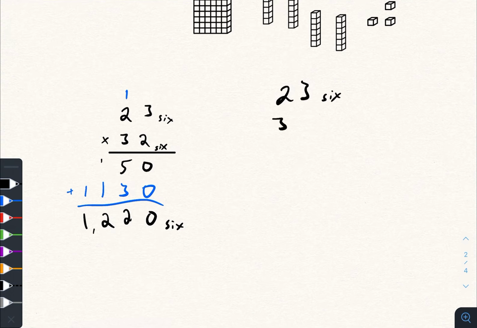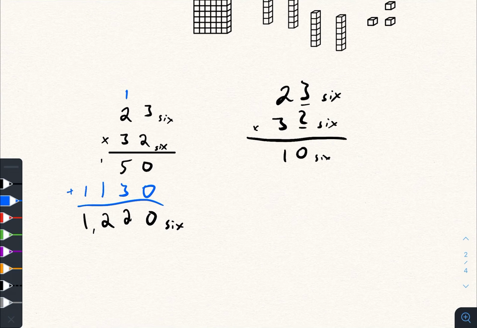I'll just do this quickly because we just did it. So all right, let's do it one by one. So 3 times 2 is 10 base 6. Do different colors. 2 times 2, well, really this is like 20 times 2. 2 times 2 is 4.